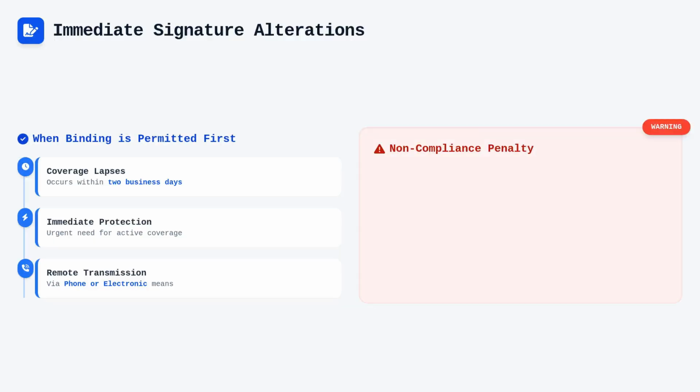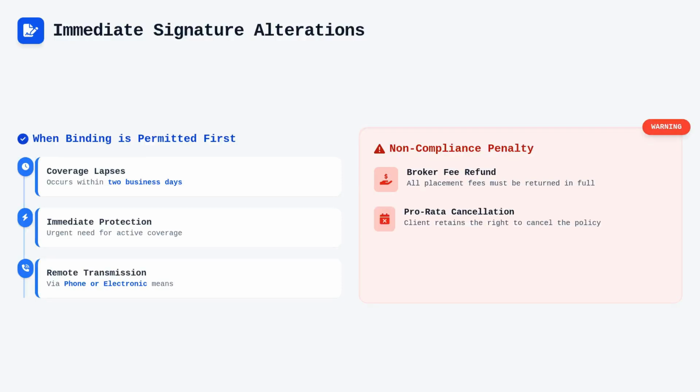However, if the client does not receive the disclosure form and a request for a signature within the mandated time frame, they retain the right to cancel the policy on a pro rata basis, and any broker fees charged for the placement must be returned. This penalty emphasizes that the state protects the consumer's right to timely information.